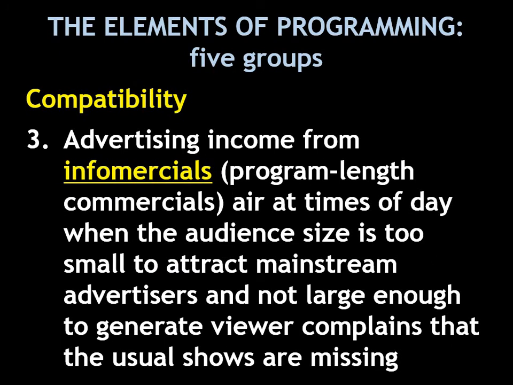Advertising income from infomercials, which are program-length commercials, air at times of the day when the audience size is too small to attract mainstream advertisers and not large enough to generate viewer complaints that the usual shows are missing. So this is why you see a lot of infomercials during the overnight hours, during early morning hours on Saturdays and Sundays, and sometimes in the middle of the afternoon on the weekends if there's not a sports broadcast or something going on.